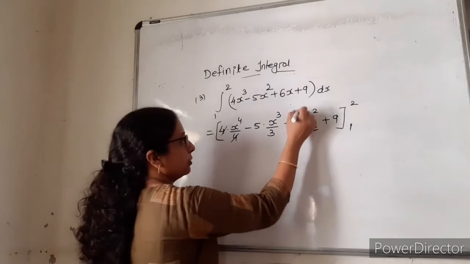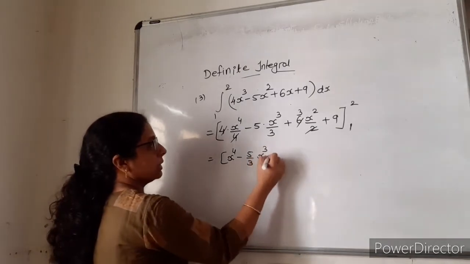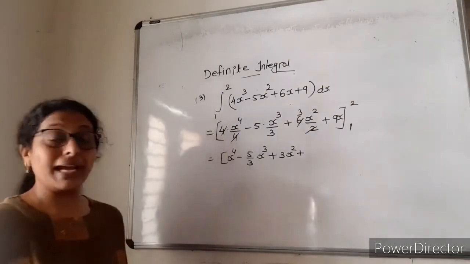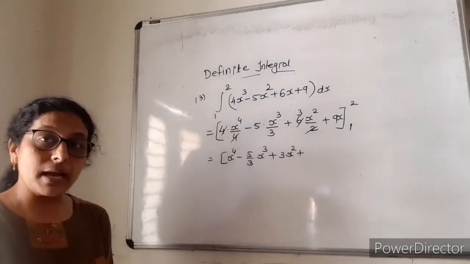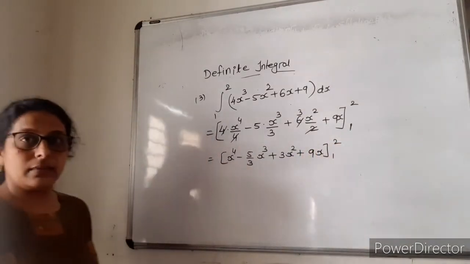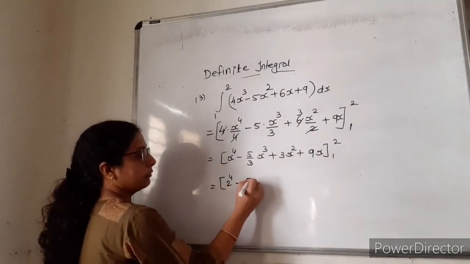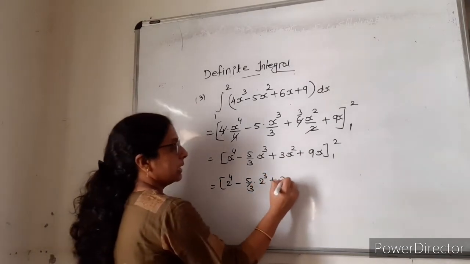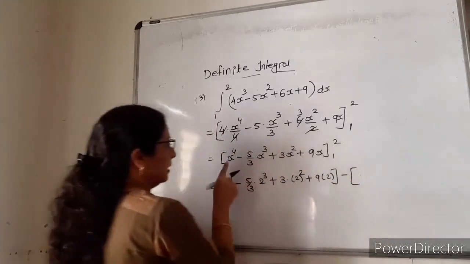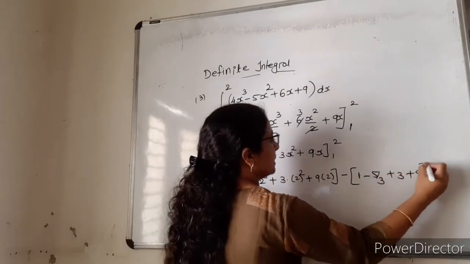4 cancels. So here it is x raised to 4, 5 by 3 x cube, 3x square, 9x. Integration of 9 is 9x, since the constant 9 comes outside. Then limit 1 to 2. Now we apply the limit here. 2 raised to 4, 5 by 3 times 2 cube, 3 into 2 square, 9 into 2, minus, here 1 raised to 4, 5 by 3, 3 plus 9.